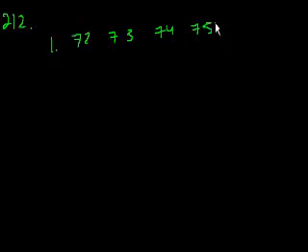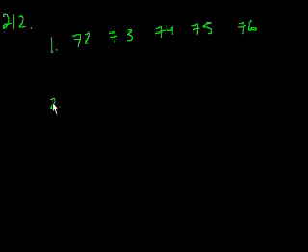Problem 212. Doing a different color. The data sets 1, 2, and 3 above are ordered from greatest standard deviation to least standard deviation in which of the following? Okay, so they want us to order them essentially. Set 1 was 72, 73, 74, 75, 76.